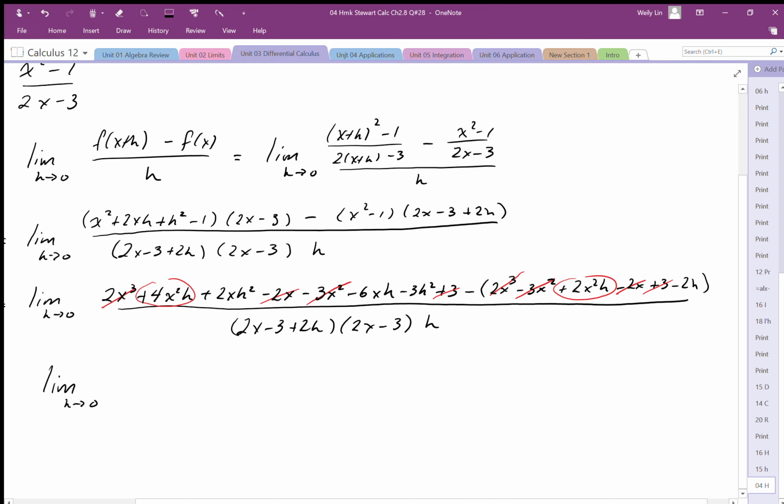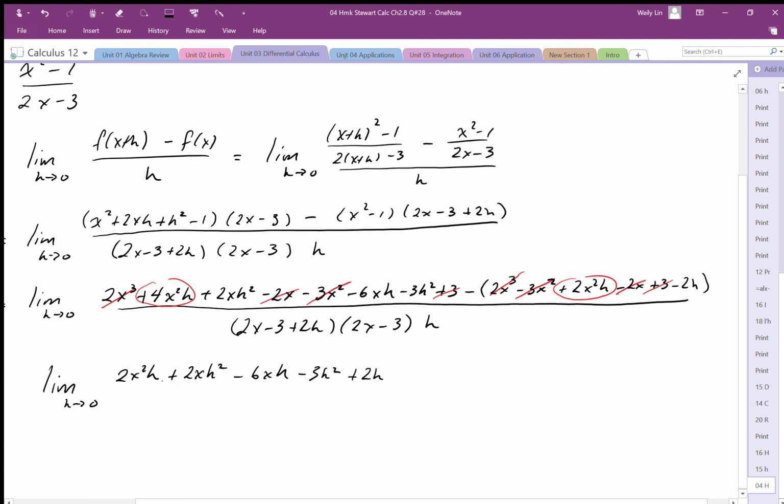Okay, so just double check my signs again. So we're going to end up with 2x squared h when I combine those like terms. Okay, that's the only like terms I have, so then I end up with 2xh squared minus 6xh minus 3h squared, and this is going to be plus 2h.